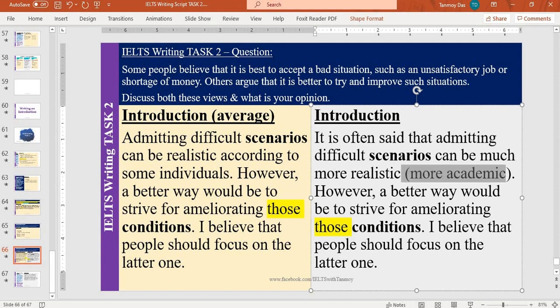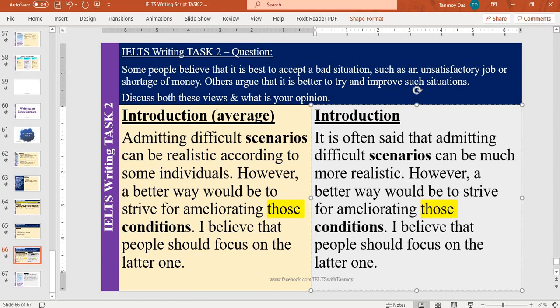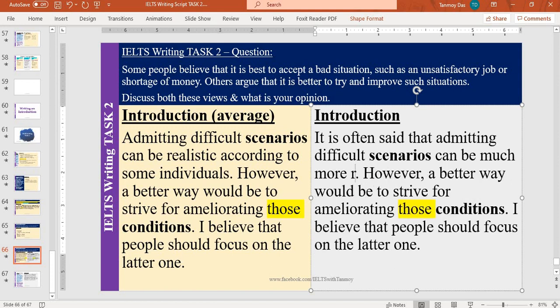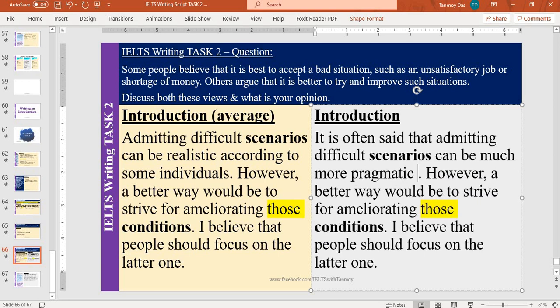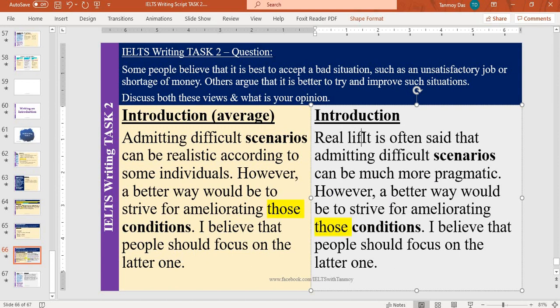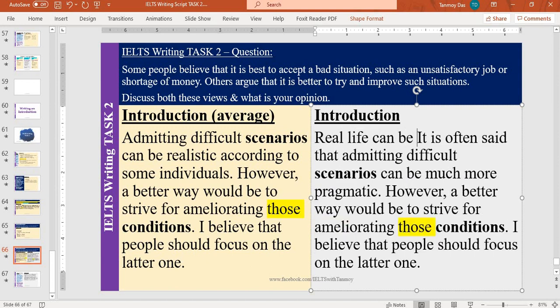Or maybe let's use another word here. Much more pragmatic. Pragmatic is a nice word to replace realistic. I want to make a general statement here. Real life can be challenging.